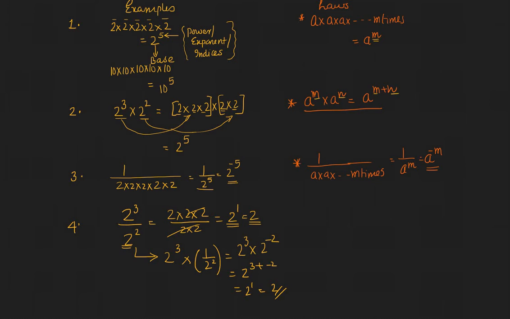So I can do this from my second law also. In general, we write this as follows. If you have a power m by a power n, this is nothing but a power m into a power minus n, and that's equal to a power m plus minus n, or a power m minus n. So that's your fourth law.